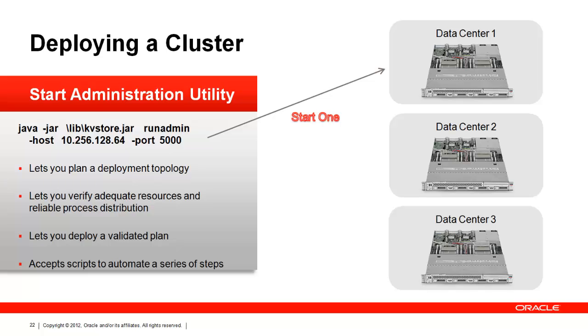This utility will let you verify that you've got adequate resources and that you can reliably place all the processes, and then it lets you deploy that validated plan. But all of the steps that you would do to set up that topology, you can put inside a script, and then this utility can load that script to make it convenient.